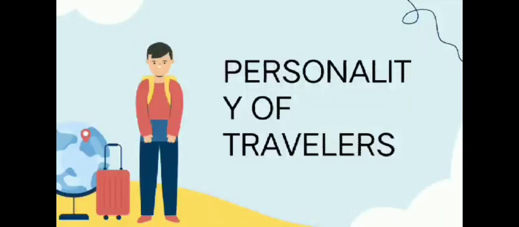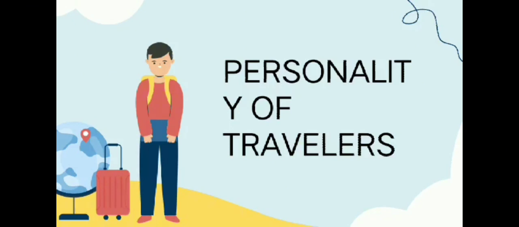Good day everyone, my name is Mark Joseph Quinones, and today I'm going to discuss the different personality of the travelers. So before we proceed to our discussion, let me define first the personality of travelers. So personality of travelers is how we identify ourselves as a traveler, how we define our vacation needs and wants, and also how we decide on our travel destination.